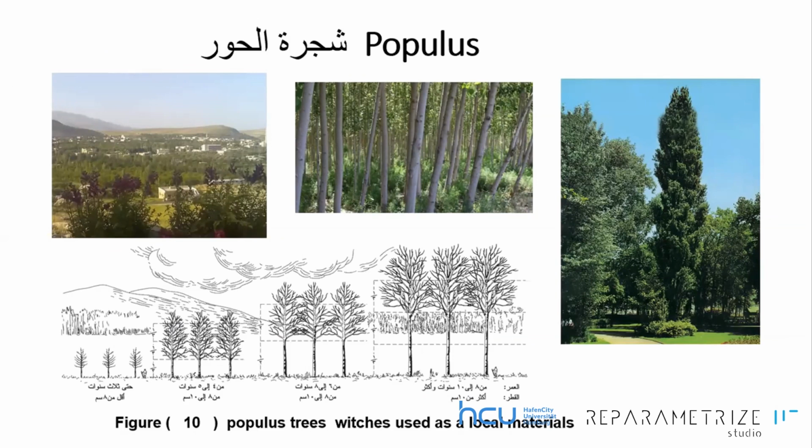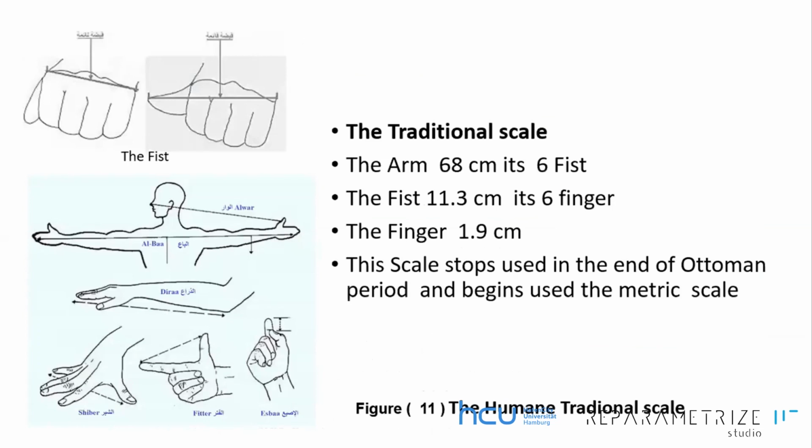Now, when we go into documentation of this traditional house, we use the metric scale. But in the past, when we talk about traditional materials, we must talk about the traditional scale, because the metric scale was applied in our country or region maybe at the end of the Ottoman period.